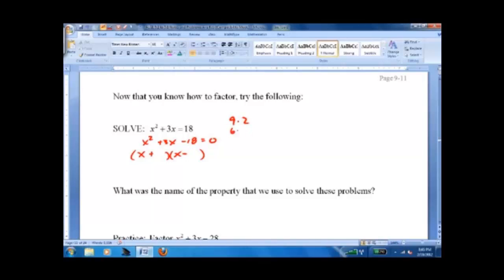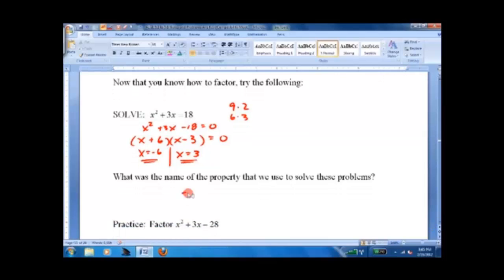Nope. 6 and 3. Yep. Plus 6 minus 3, positive 3. 6 times negative 3, negative 18. And now we've seen this problem before. x equals negative 6 or x equals 3. That is a lot. We're factoring, we're using the zero product property, we're tying it all together. Again, practice makes perfect.